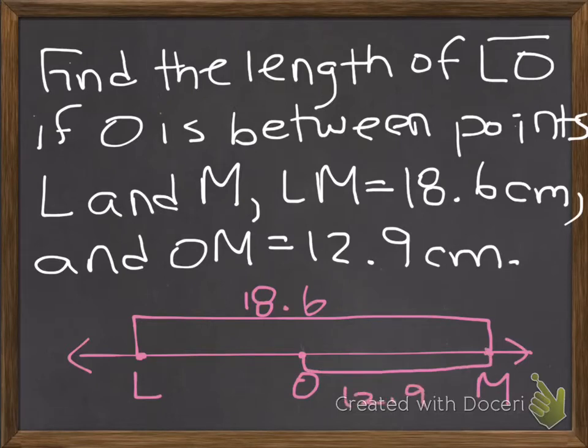So to find LO, the other half, we're just going to subtract the total, 18.6 minus 12.9, which is going to give us 5.7, and that's going to be centimeters.